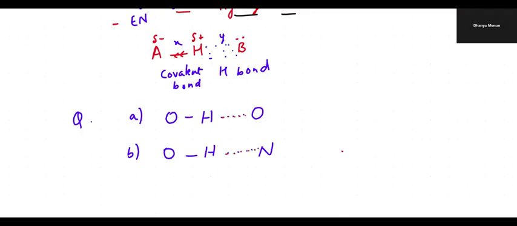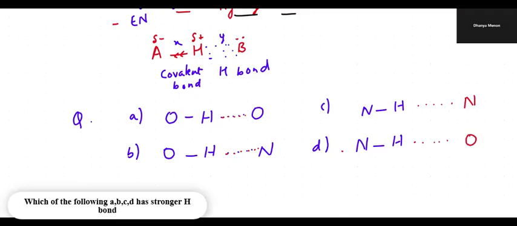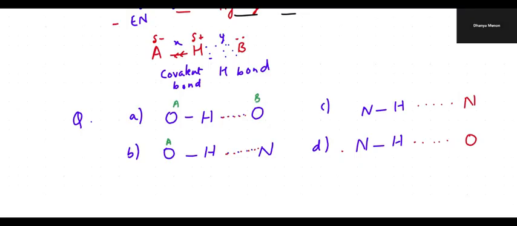Now C is NH bonded to N. Then D is NH bonded to O. Here AHB, AHB, AHB, right?